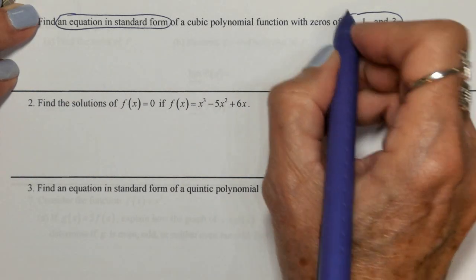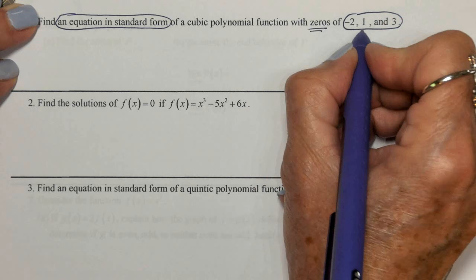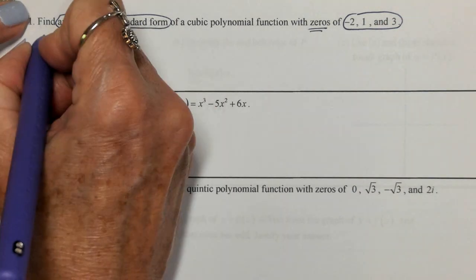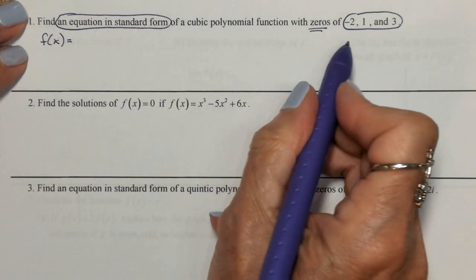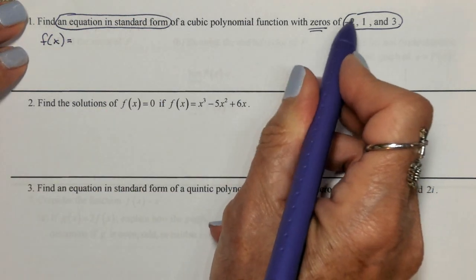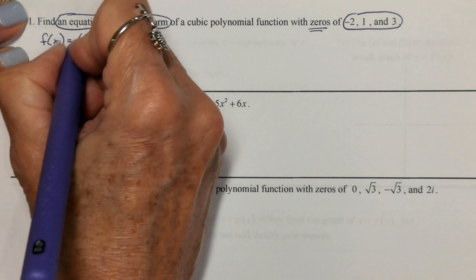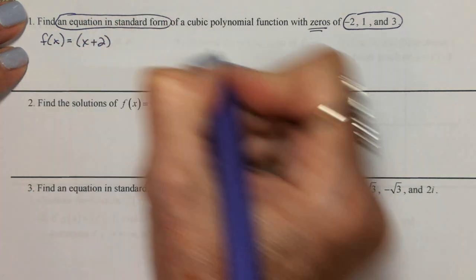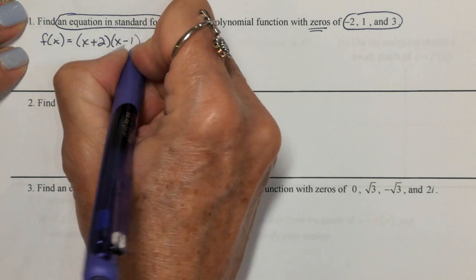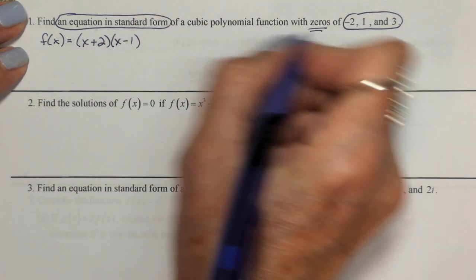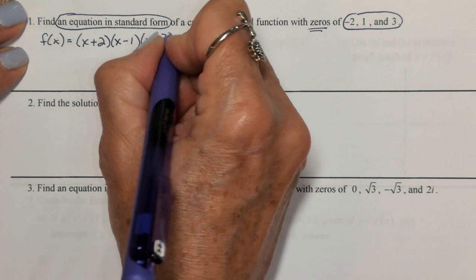I might just call this function f of x just to call it something. If -2 is a 0, then x plus 2 must be a factor. If 1 is a 0, then x minus 1 must be a factor. If 3 is a 0, then x minus 3 must be a factor.